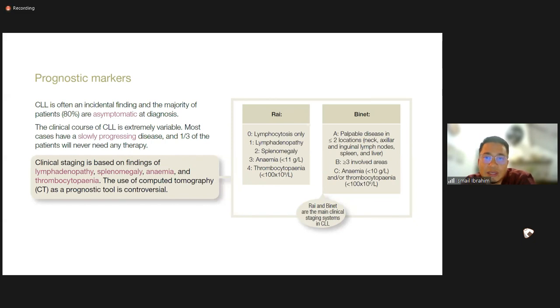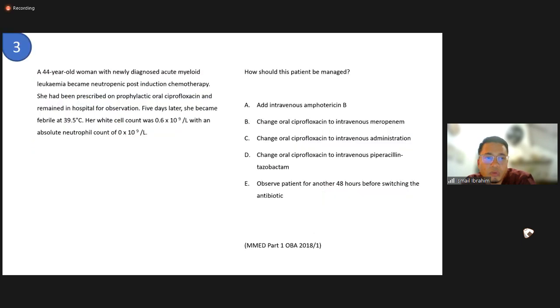And we can also use the BTK inhibitor, which is ibrutinib, as part of treatment. So the options are very wide for treating CLL.